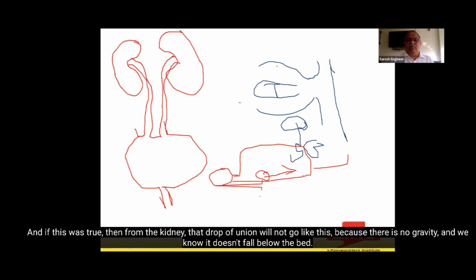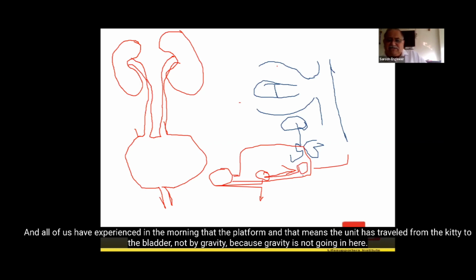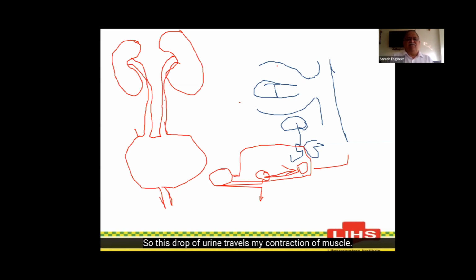And we know it doesn't fall below the bed, that is 100%. So it is definitely going via the ureter to the urinary bladder. And all of us have experienced in the morning that the bladder is full. And that means the urine has traveled from the kidney to the bladder, not by gravity, because gravity is not working here. So this drop of urine travels by contraction of muscle.